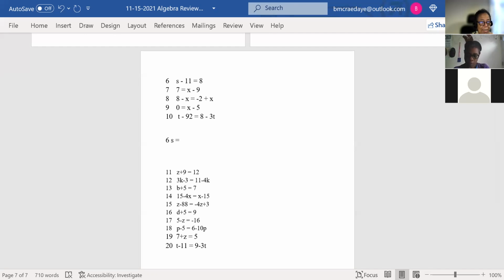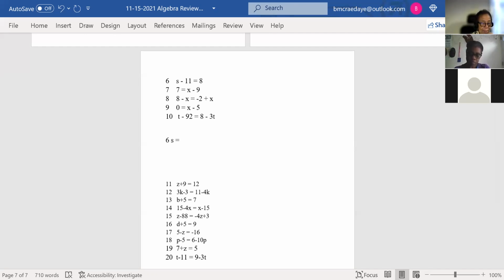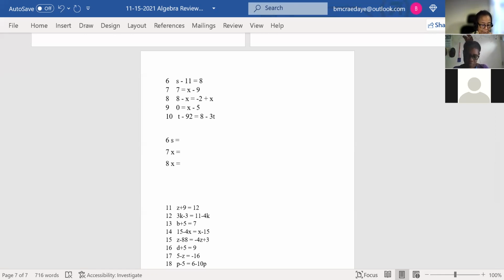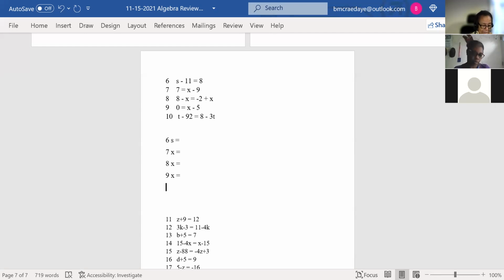Can you tell me what that S is? 7 is going to be X equals, 8 is X equals, 9 is also X equals, and 10 is T equals.